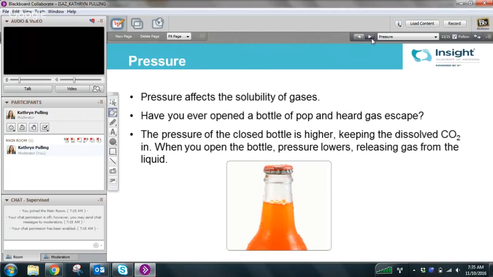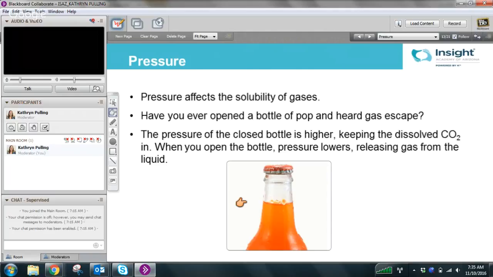The best example here is a bottle of pop. You can also think of this as a can of pop. Whenever you open it, you hear that pop and the fizz. There's gas escaping, and that is because the pressure inside the bottle is higher than the pressure in the air. When you have that higher pressure, you're able to dissolve more of the gas.